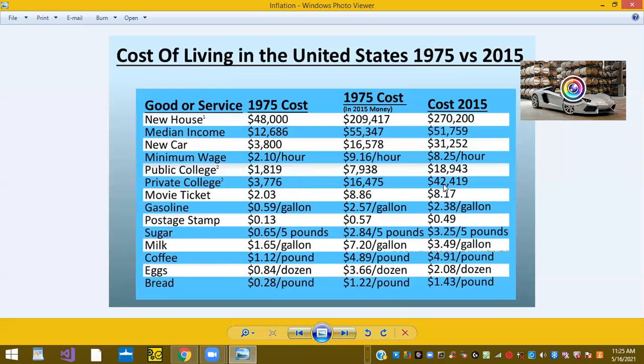Well, in 2015, that same private college would have cost you $42,000. And actually, we know going to private college now costs you probably $80,000 a year. So that's the gap. So I just wanted to show you the difference in cost and the coming costs with them printing so many dollar bills.